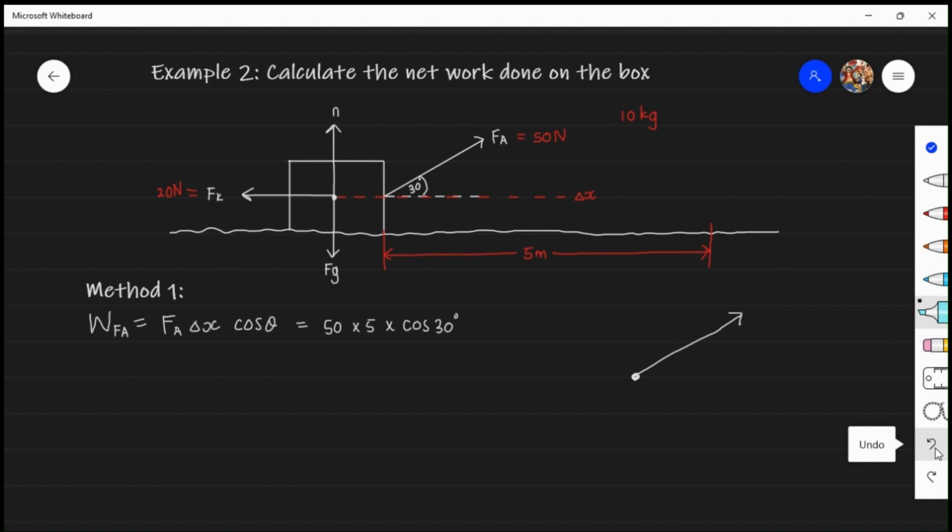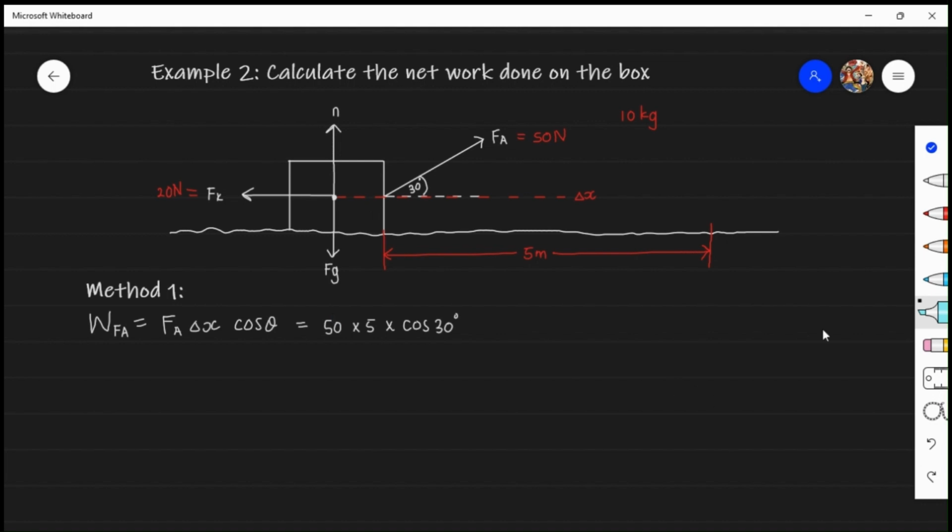So let us substitute our value of 50. Keep in mind that we do not substitute the direction, we only substitute the magnitude because we are calculating a scalar value, which is work.